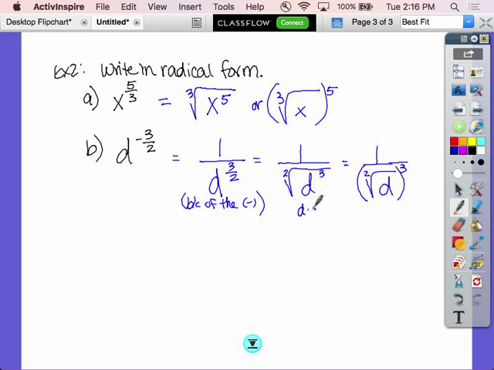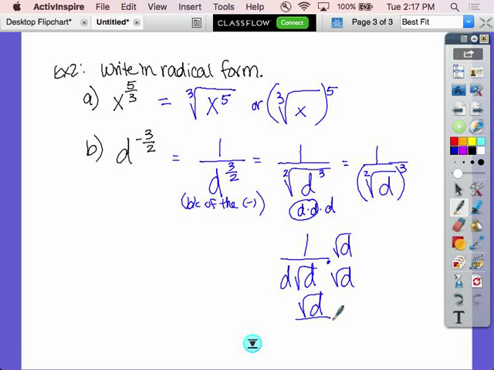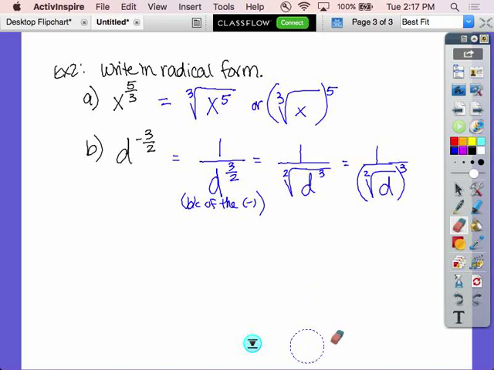If I wrote this out as d times d times d, and I'm trying to simplify the square root, wouldn't I have 1 d come out and 1 d stay under? Going back to Monday. And then I would have to simplify this, and so really you'd have the square root of d over d squared, but I'm not making y'all do that. I just wanted y'all to know that this isn't the most simplified version, but I didn't ask you to simplify. I just asked you to write it in radical form.